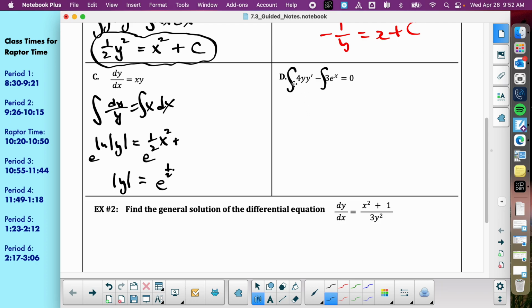So I know this is not the intent, even though, in my opinion, that's totally okay to do right away immediately and then be done. I know the intent of the problem is separation of variables, and so you would move the x to the other side, which is not wrong.